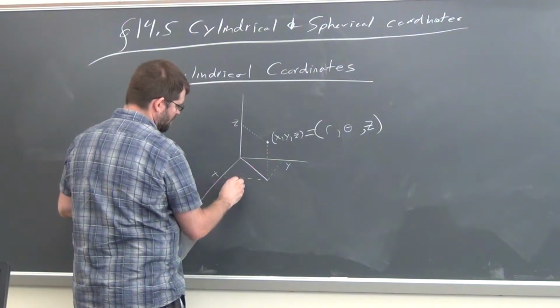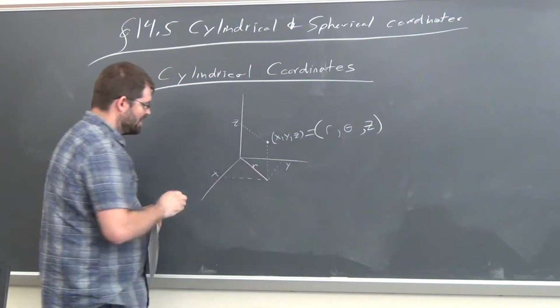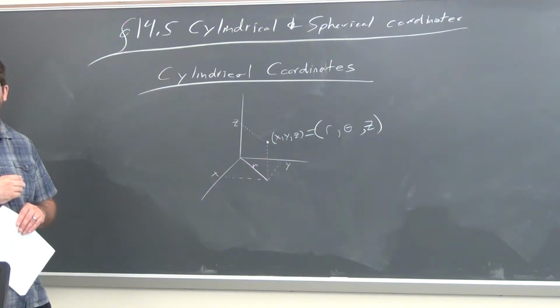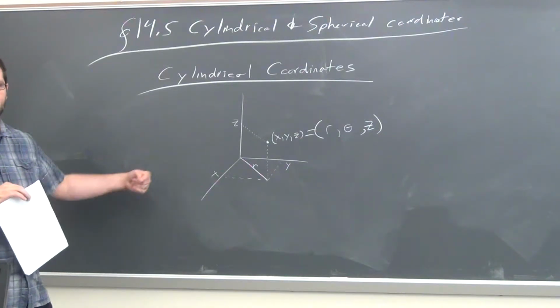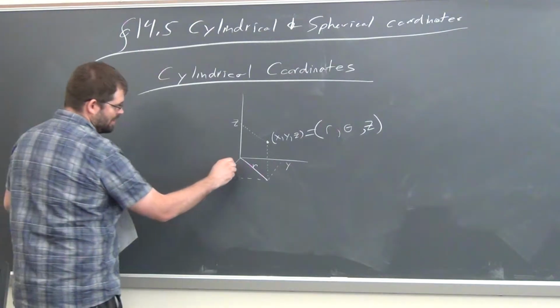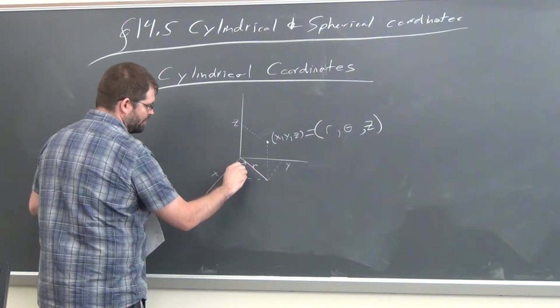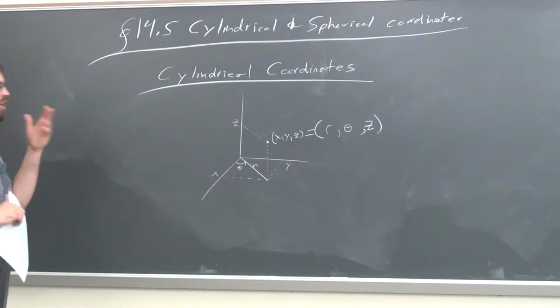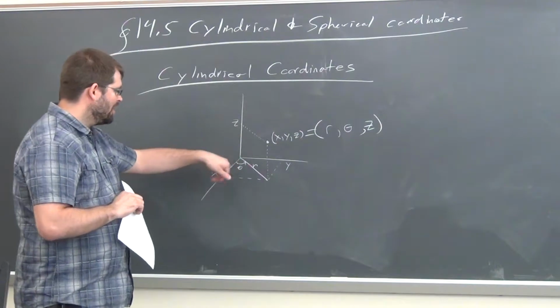So your r is this distance, and then what does theta represent? The angle from the x axis to r, right? So it's this little angle right there that is theta. Does that make sense? And again, you can use all different values of theta.